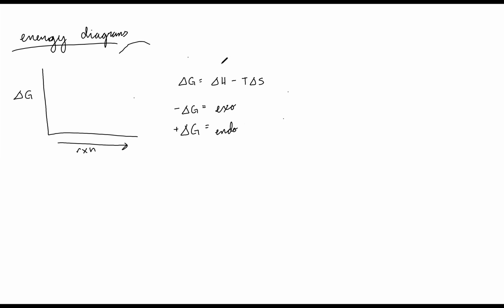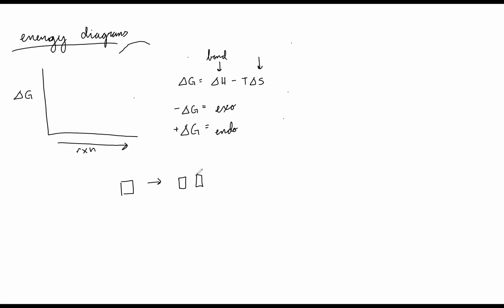Now, delta H is the change in enthalpy. So delta H is generally the bond energies, whereas delta S is sort of the measure of the disorder in the system. For example, if I have a square, there's only one way I can orient that square. But if I cut that square in half into 2 rectangles, there are a bunch of different ways I can organize those rectangles.